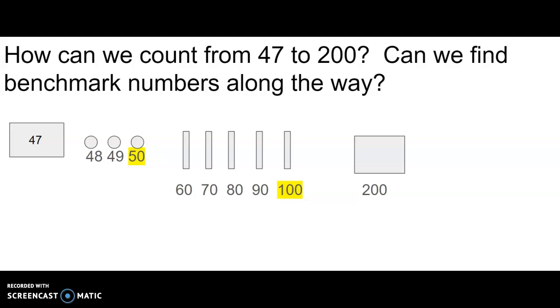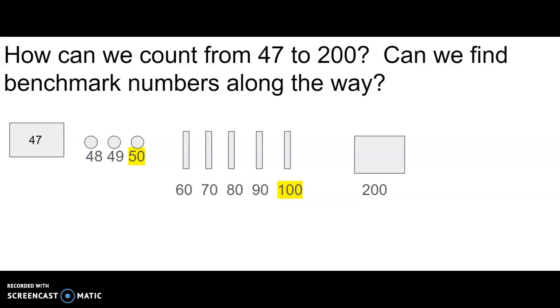Here it says, how can we count from 47 to 200? And can we find benchmark numbers along the way? So you can see that I've started with 47. I didn't draw 47 with place value blocks, I just put it over here to the side. If I look at the number 47, 47 is not a nice benchmark number.